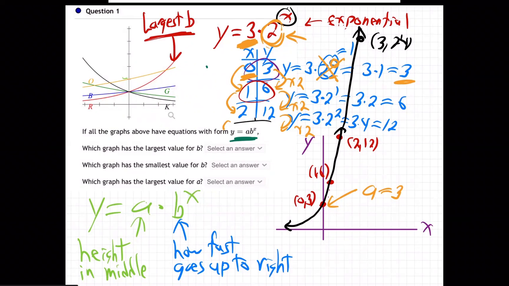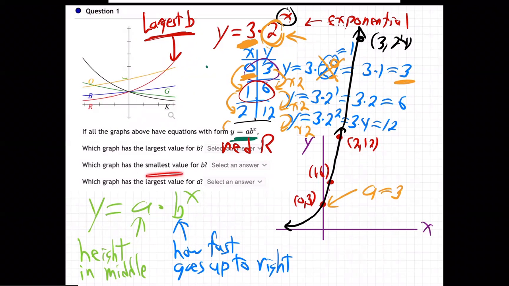The blue is going up pretty quick too, but not as fast as the red. How do I know? The red started below the blue, and now he's above the blue. So he's going up faster, isn't he? The black's going down. The yellow's going up, but not as fast as the red. The red's already ahead of him. So the largest B would be the red one. R for red. Okay, next one.